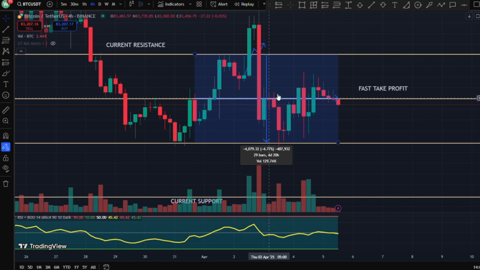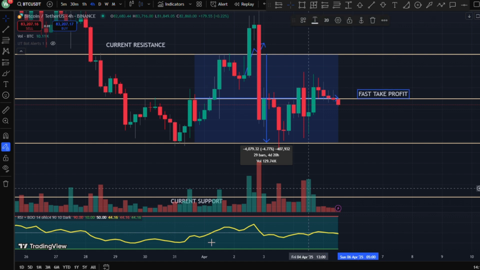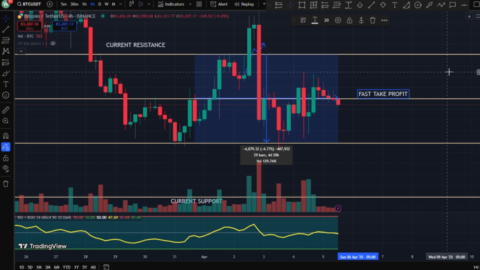So as you can see here, this is the half I marked earlier, and it has broken and closed the half already, which is saying that this market is really trying to come down to this other level here.